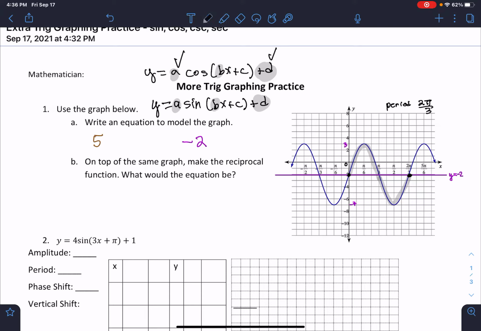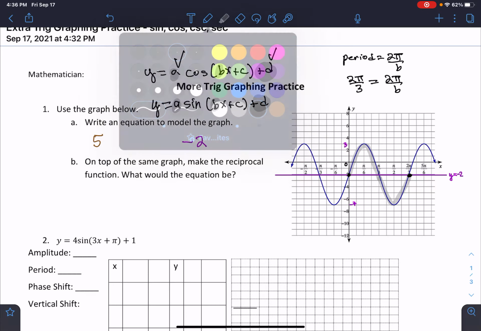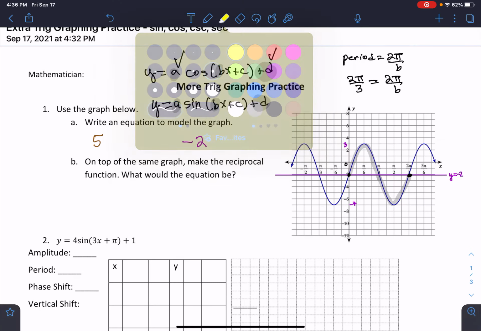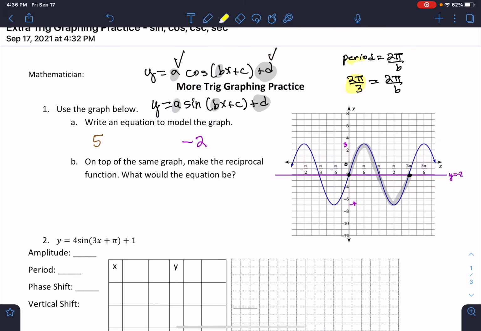To find out B, period equals 2 pi divided by B. Our period is 2 pi over 3. I'm going to set that equal to 2 pi over B, and I'm actually going to solve for B. So right now I'm substituting 2 pi over 3 for my period because that's what it is.